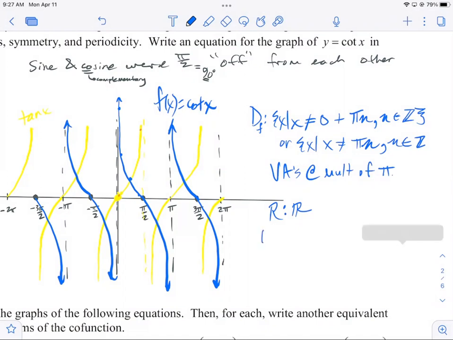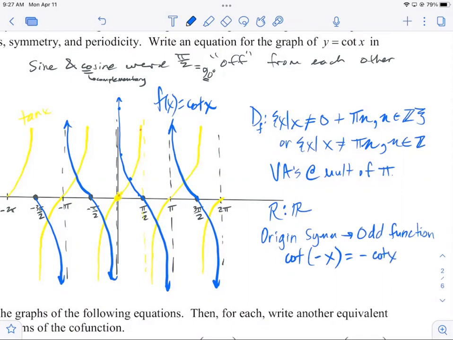Yes, which means it has origin symmetry, which means it's what type of function? It's an odd function. Does that make it peculiar if it's odd? Not necessarily, but sometimes, yes. So here we know then the consequence of that is cotangent of negative x is, forget about it or bring it up front? Bring it out front, right, Brady?